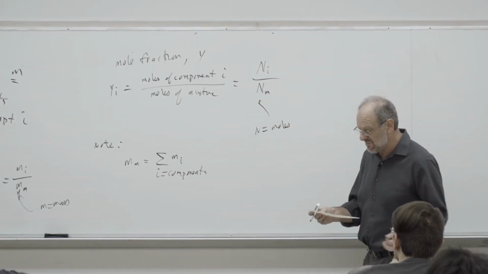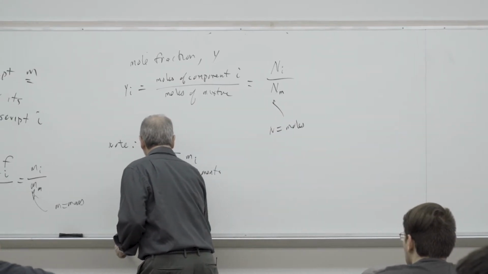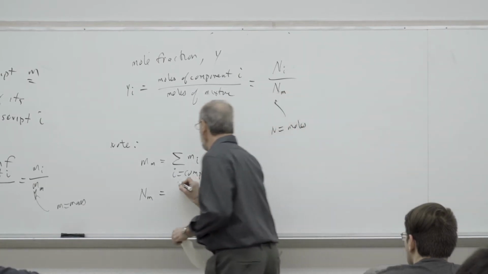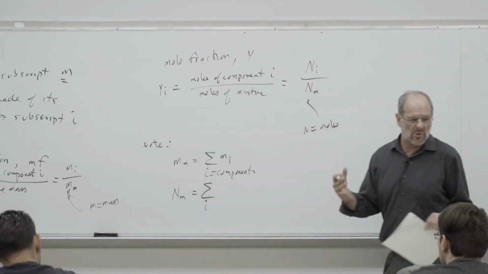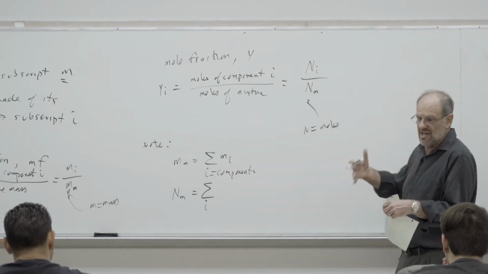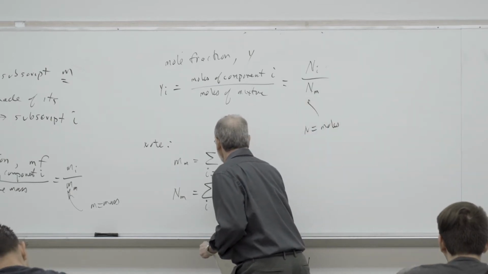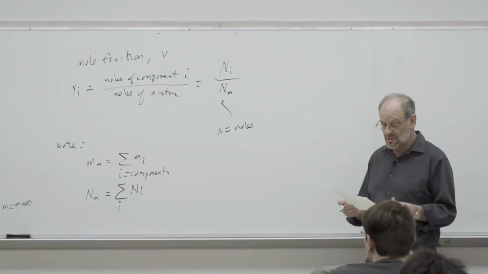So this is something that should make sense. Similarly, we would note that the number of moles of the mixture is going to have to be the sum of the number of moles of each of the components I. So we'll just sum, again, over all I. I'm not going to keep writing the word I equals components. I think we just understand that I represents an individual component. Nonetheless, this would then be the sum of all the moles of each of the individual components.